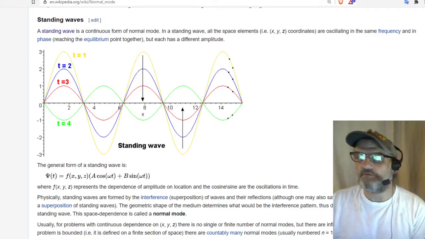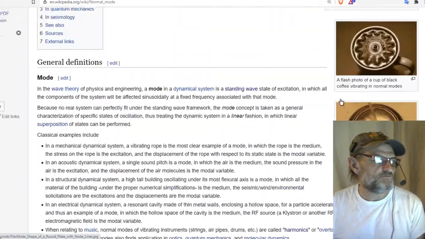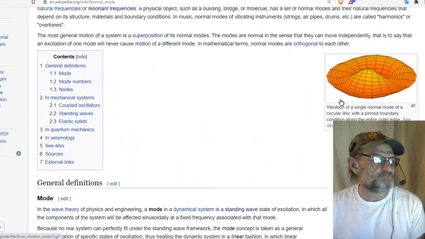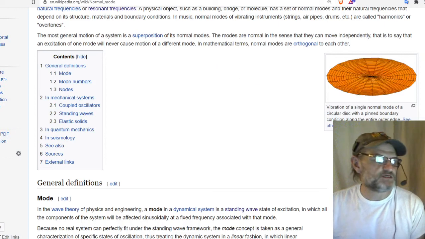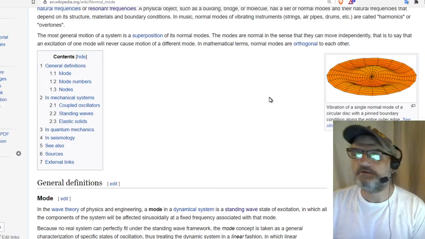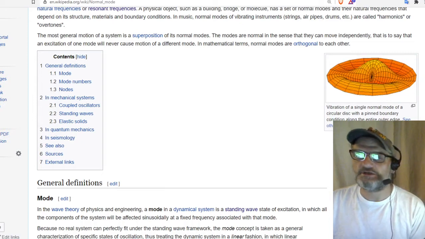In a system with two or more dimensions, such as a pictured disk, let me find the pictured disk. Okay, so this here, the pictured disk.